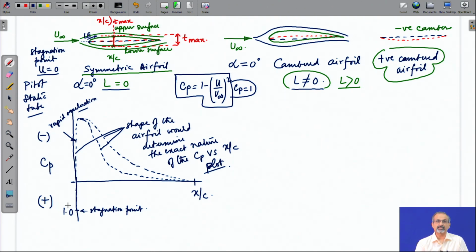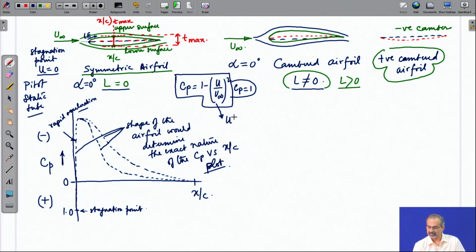So, we should have a stagnation point at front, very rapid acceleration, because of which the Cp becomes negative, because according to this equation, as u becomes large enough and it exceeds u infinity, it goes below 0. So, this is Cp 0 and anything above is a negative Cp.